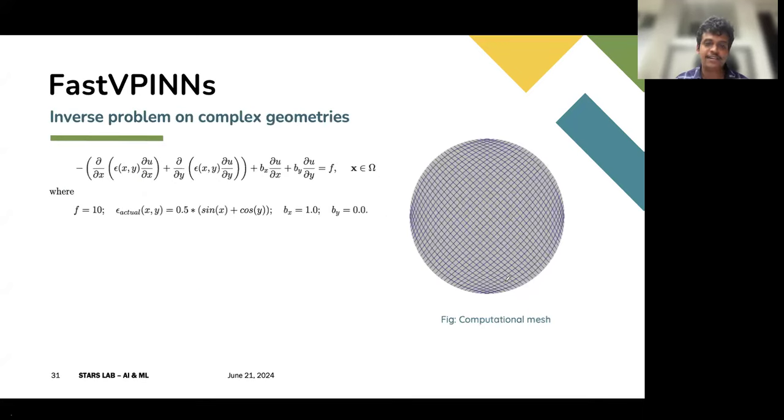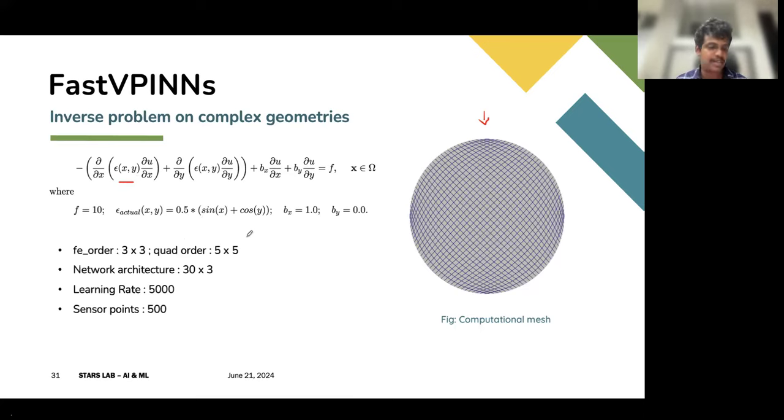Okay, so then again, we wanted to show the ability of our method to solve inverse problems also on complex geometries. So we took a circular domain and meshed it with skewed quadrilateral cells. We tried to solve an advection diffusion problem with a spatially varying epsilon value. We took these parameters, where this is the actual function of your epsilon, and these are the parameters that we have used.